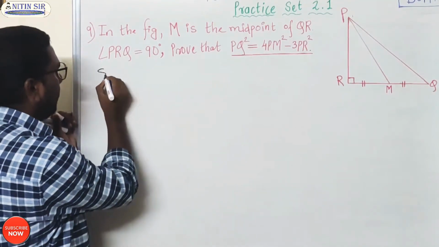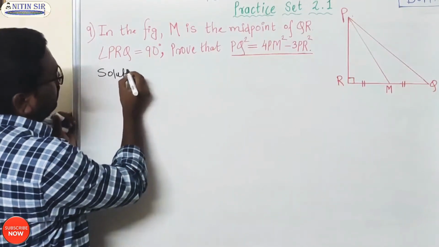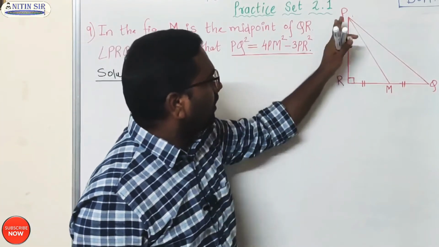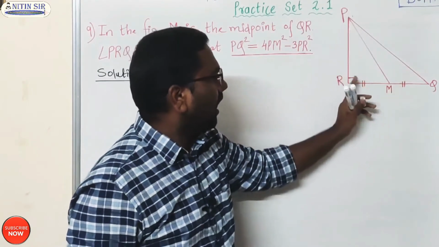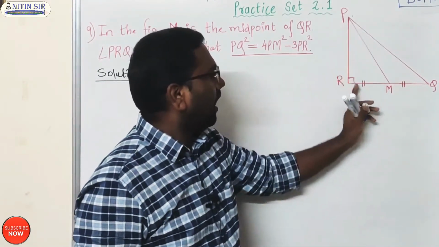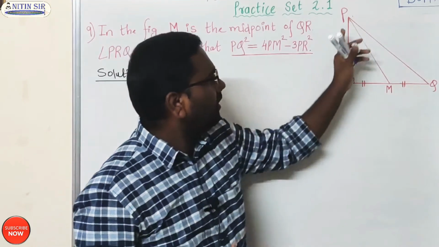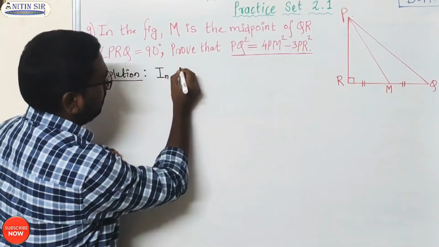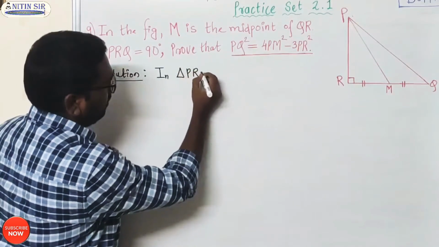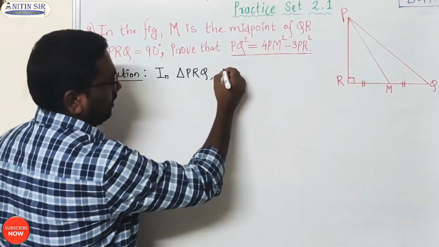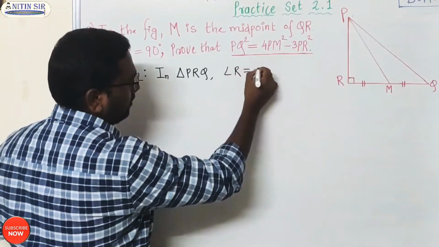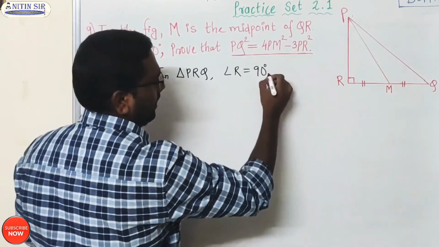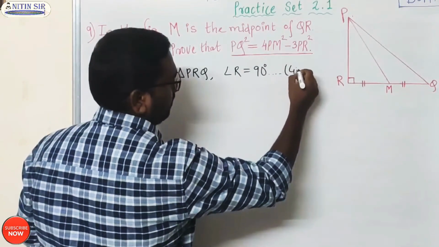So in the solution we will write: there are two triangles, PRQ and PRM. First we will take triangle PRQ. In triangle PRQ, angle R is equal to 90 degrees. See, this angle R is 90 degrees. This is given.